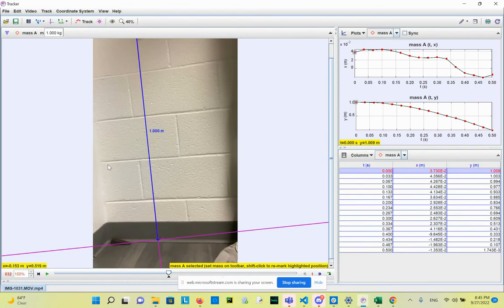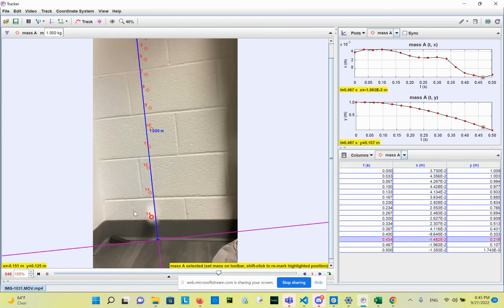So as you can see here, this is my setup for my lab. The paper ball that I rolled up is right there. You can't see it right now, but as I play the video, you can see all the data points as it fell.